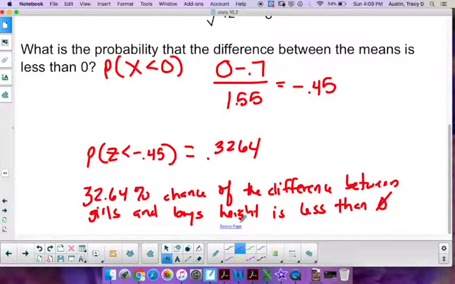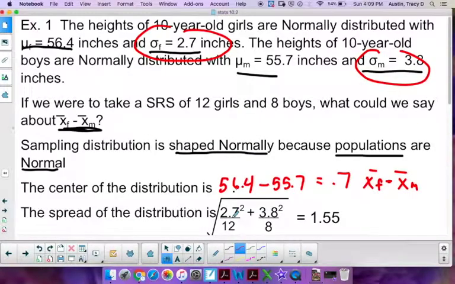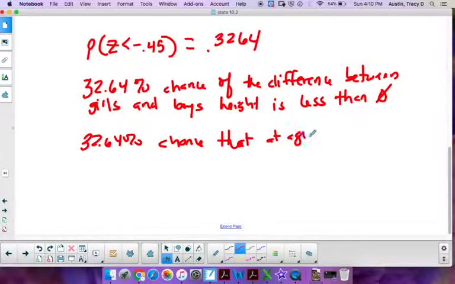Okay, now if I'm subtracting girls minus boys at that age, because that age is like 10 years old, what does that mean? If I'm subtracting girls minus boys and you're getting an answer less than 0, there is a 32.64% chance that at age 10, a boy will be taller.